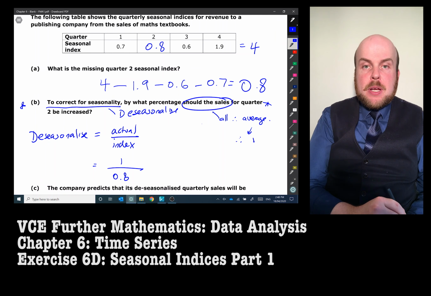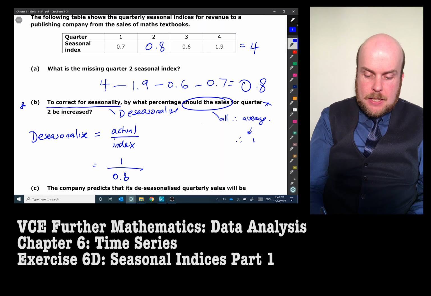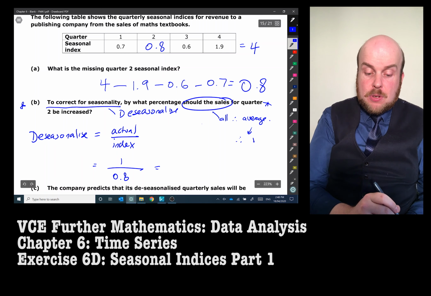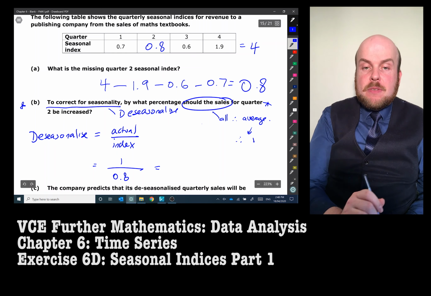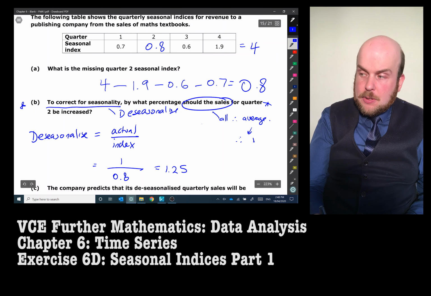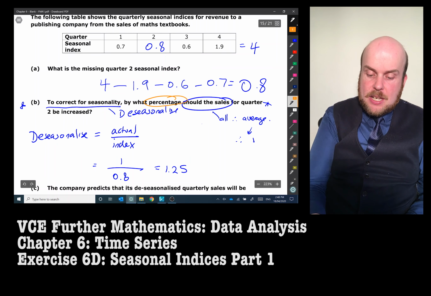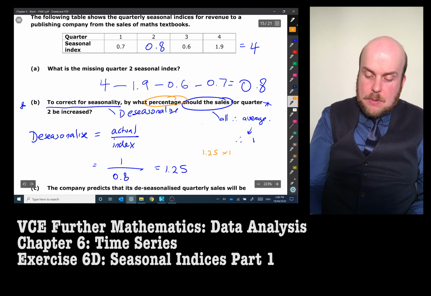So 1 divided by 0.8. When you don't know, this is what we need to do. So by what should all of the sales for quarter 2 be increased? 1 divided by 0.8 is equal to 1.25. It says by what percentage? So I just take 1.25 times 100, and that equals 125%.